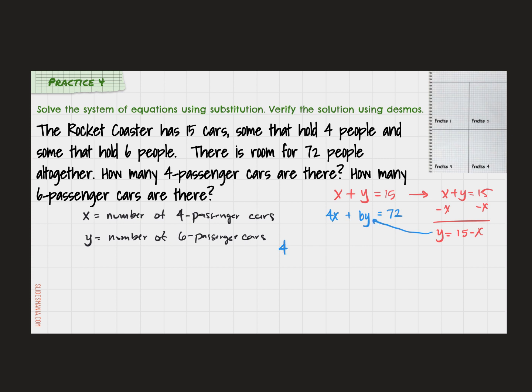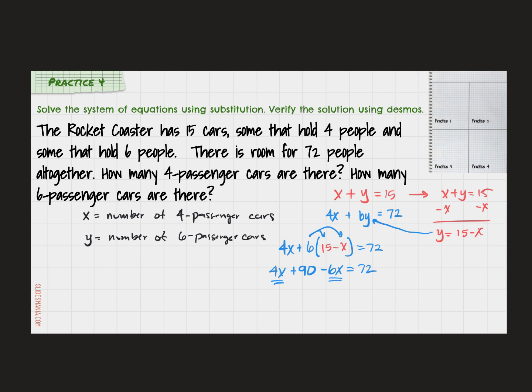So I have 4X plus 6 times 15 minus X is equal to 72. Going to go ahead and distribute that 6, and I have 4X plus 90 minus 6X is equal to 72.